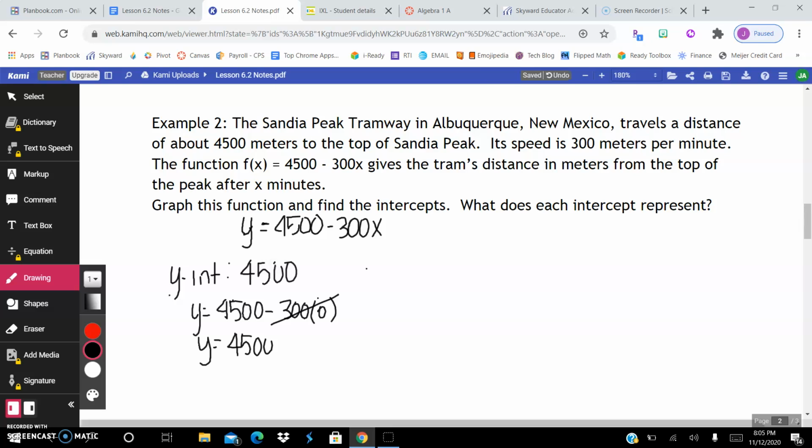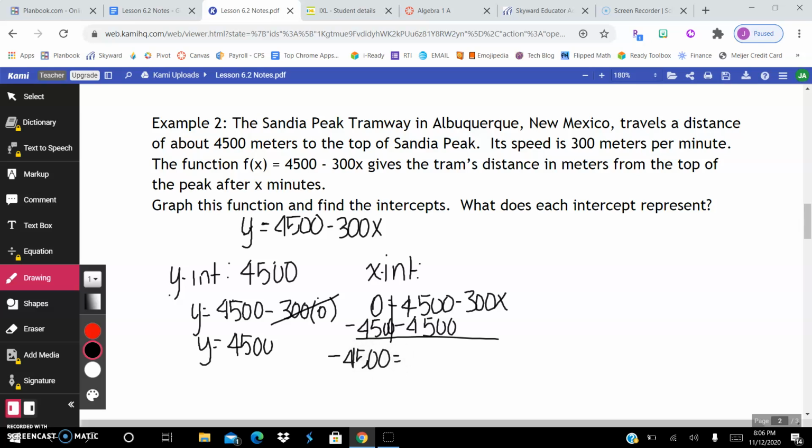And then for the x-intercept, I'm going to put a 0 in for the y. So 0 equals 4,500 minus 300x. And then I'm going to have to solve. So I'm going to have to subtract 4,500. So that's going to be negative 4,500, and I have negative 300x left.